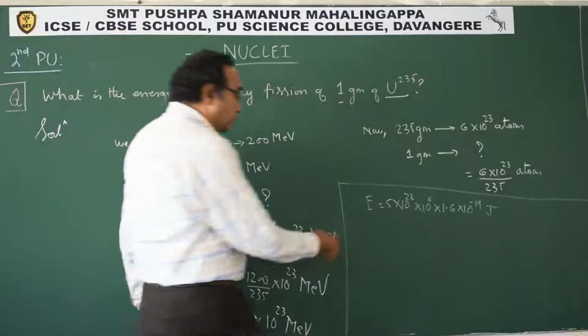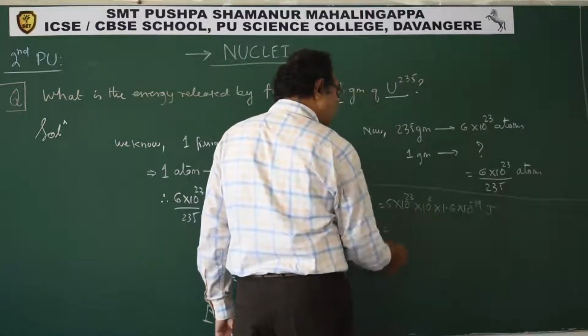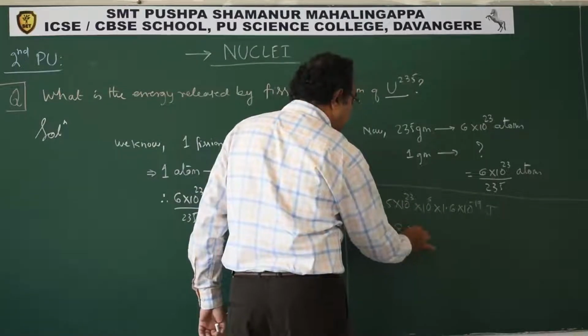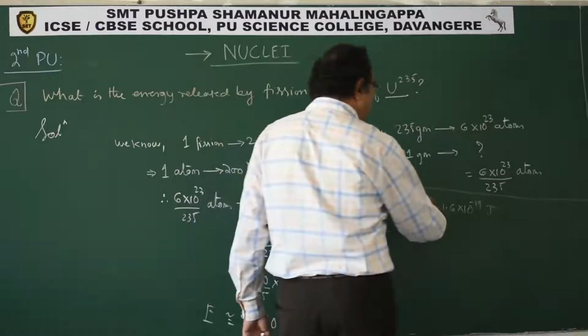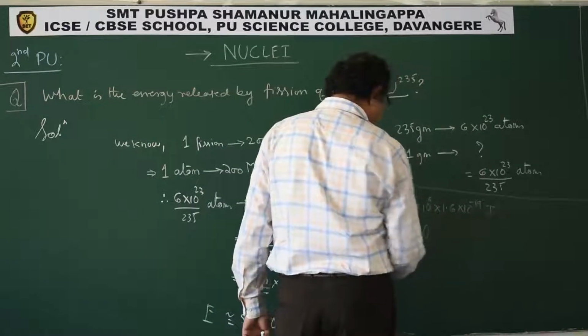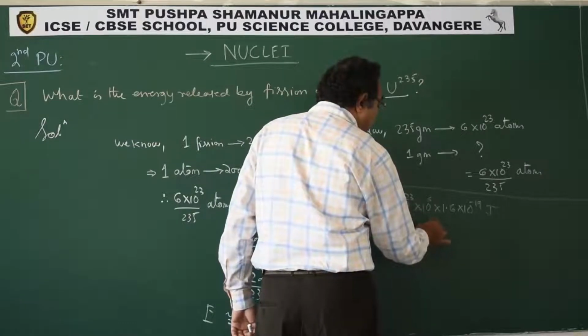So this comes to 8 into 10 power, 6 minus 19 is minus 13, and minus 13 plus 23 gives 10, so 8 into 10 power 10.